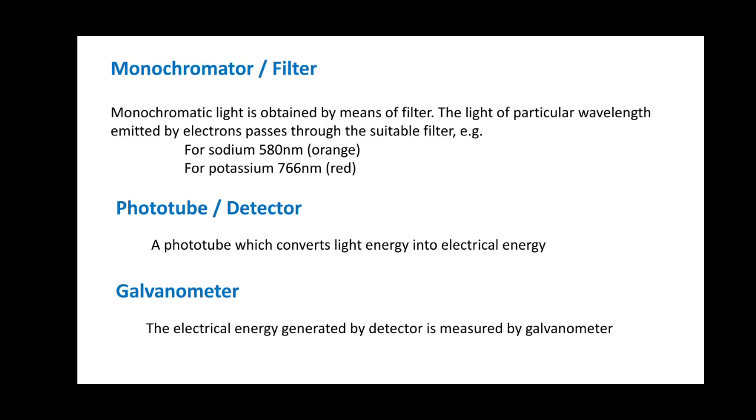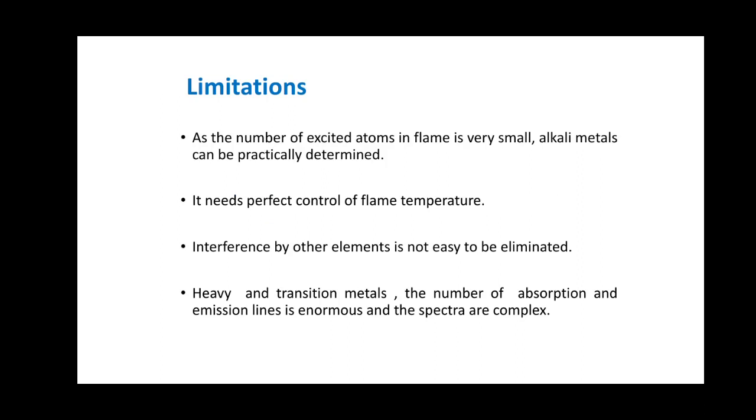Next is a phototube or detector. The detector is a phototube which converts the light energy into electrical energy. This electrical energy produced by the detector is measured by a galvanometer and the value will be read out on the display.